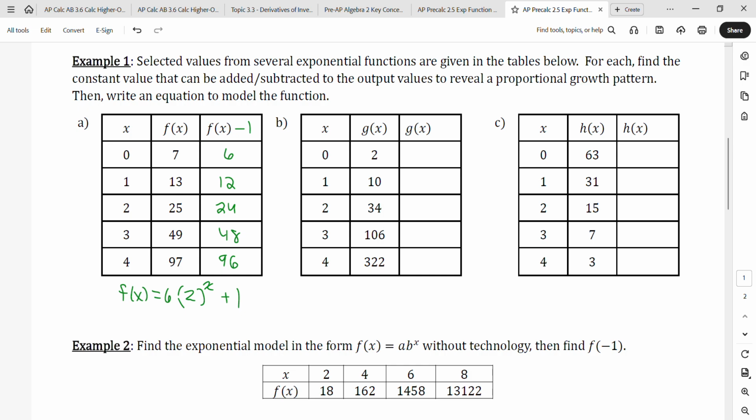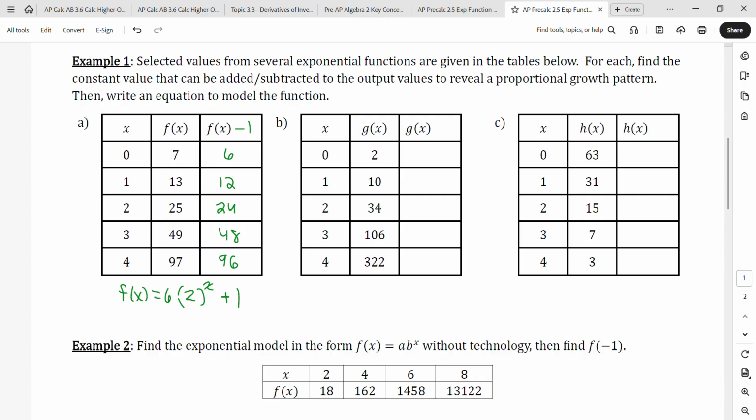So if we do 6 times 2 raised to 0 plus 1, that's how we get 7. If we do 6 times 2 raised to the first, that's 12 plus 1, that's 13. If we do 6 times 2 raised to the third, that is 24 plus 1 gives me 25. So where I see the operation to get to the pattern, I do the opposite in the actual equation. Okay, so I see a negative 1, that changes to a plus 1.